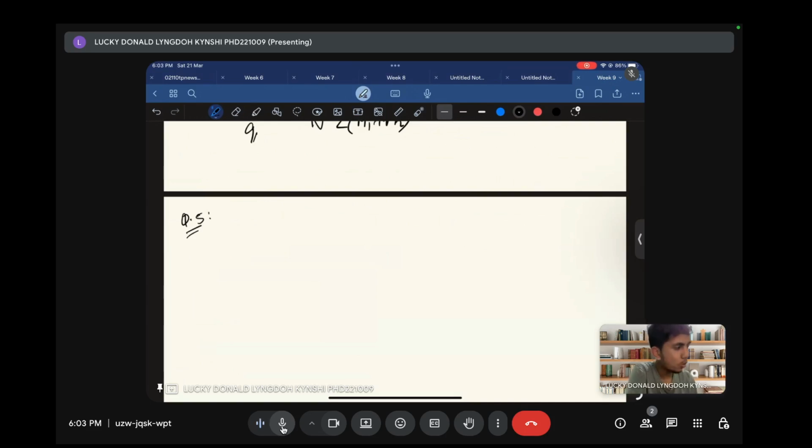In question number 5 it is given that the Debye temperature of diamond is 2000 Kelvin.